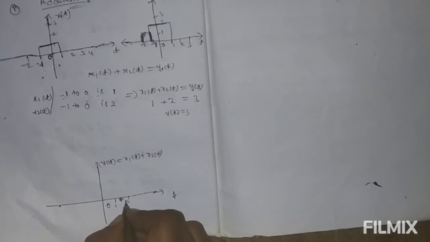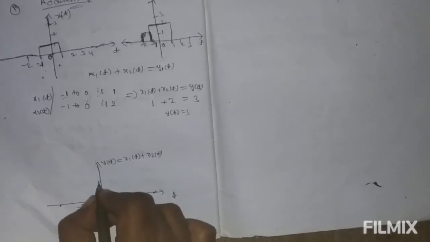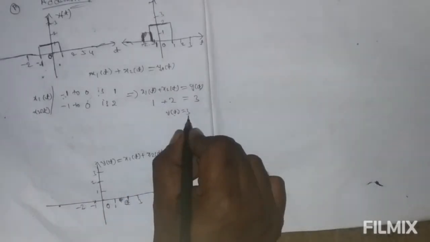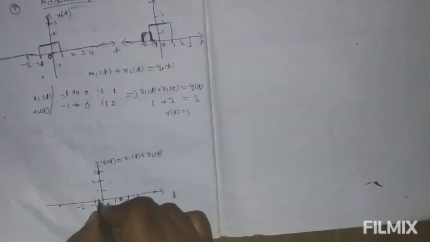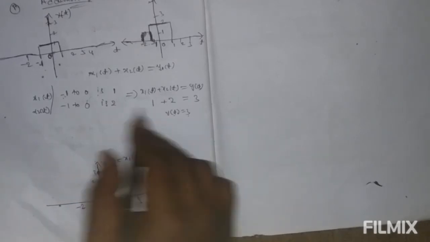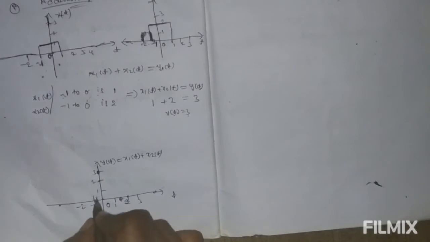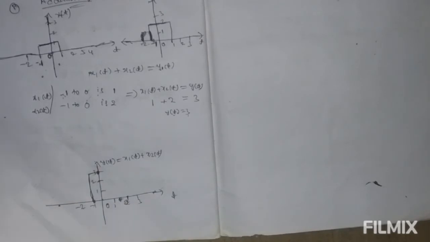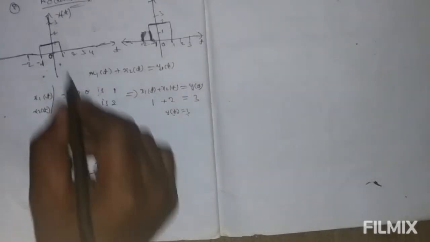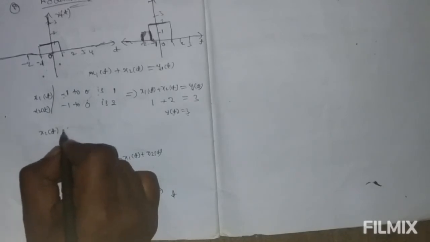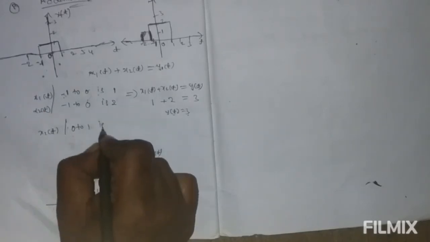In this y of t, between minus 1 and 0, the value is 3.